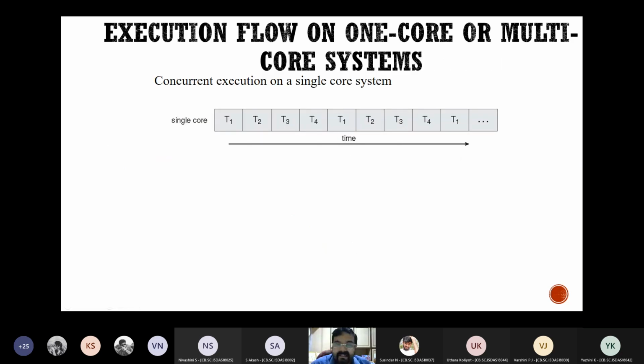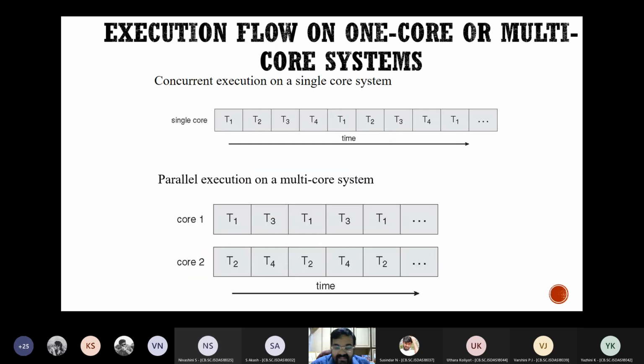Now, the advantage of threads is very simple. We can have threads going to a separate processor. One core or one processor can have all the threads, or you can send one thread elsewhere. You can have T1, T3, T5 go all to core 1, and T2, T4 into another.